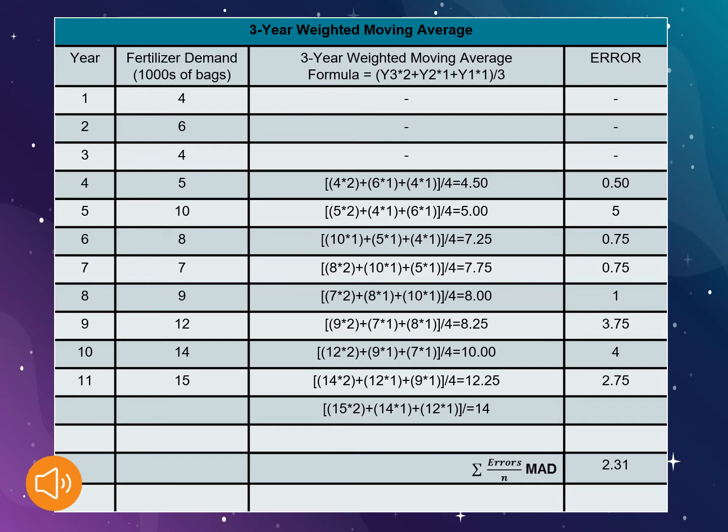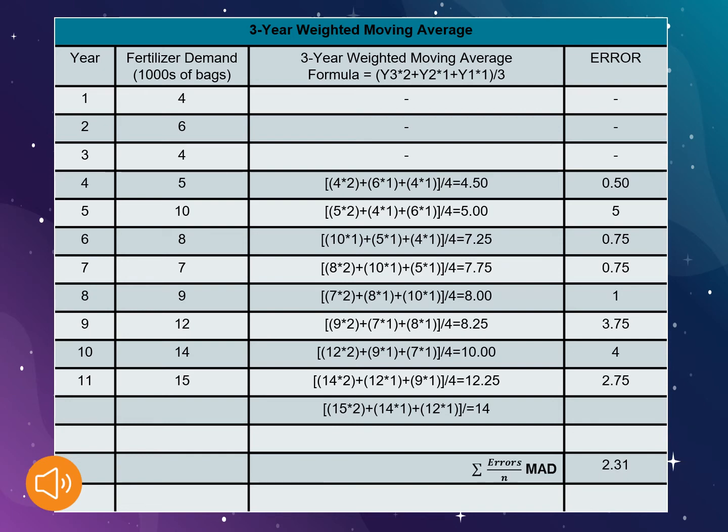And the actual demand is still the same, which is 5,000, and gave us an error or discrepancy of 500. Again, I won't be enumerating each of the data or forecasts, since I have already discussed how it is computed.